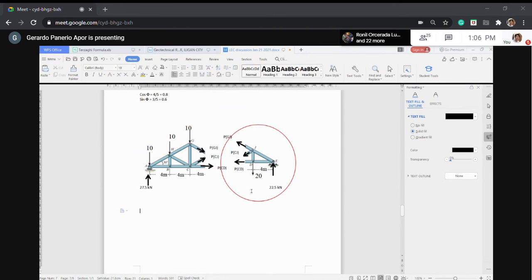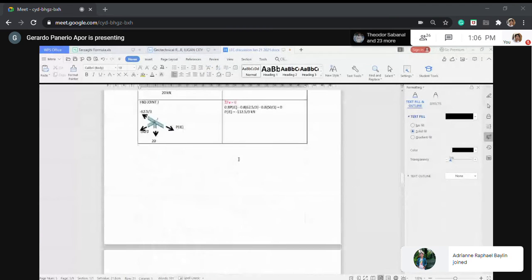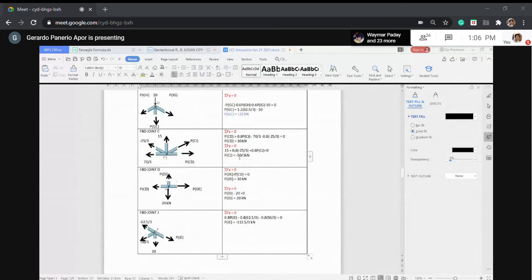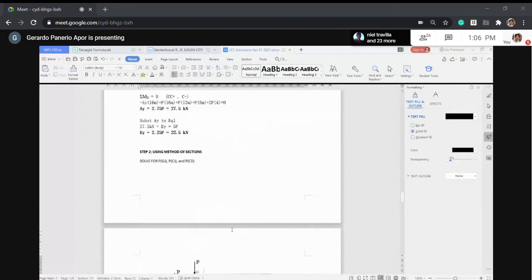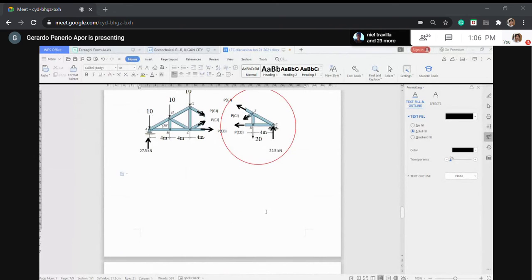If you are going to use the method of sections, in the method of joints we use summation of forces X and summation of forces Y. In the method of sections, you will use summation of forces X, summation of forces Y, as well as summation of moment at any point. This one is equated to 0, so that it will be in equilibrium. This one is equated to 0 again.